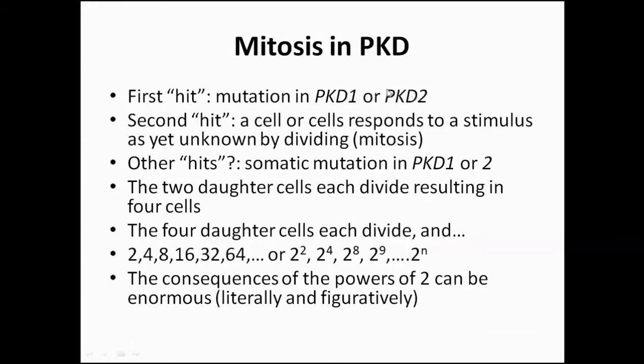These two proteins are required to interact with each other appropriately, and if they don't, that's what leads to cyst formation. So that first hit is the actual mutation, and each family tends to have a fairly unique mutation that's probably shared by only 1 or 2% of other people with PKD.